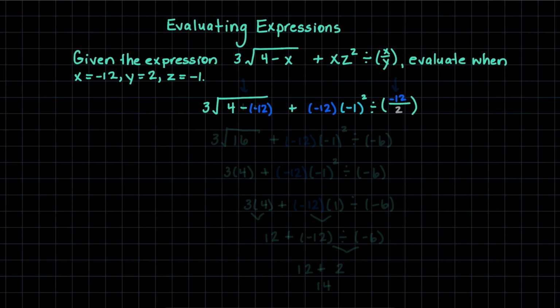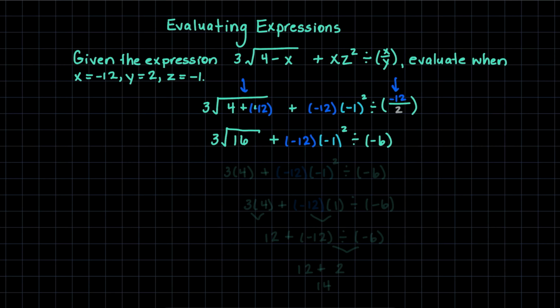Okay, let's look for some groupings. We know square roots are groupings, and then we have a grouping at the end here. So 3 times square root 4 minus -12, double negative supercharges to a positive, so that's 16, plus -12 times -1 squared divided by -12 divided by 2 is -6.